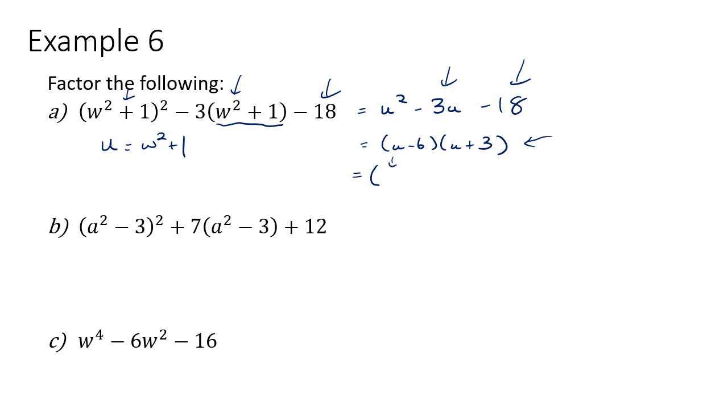So this becomes w squared plus 1 minus 6, and the other factor becomes w squared plus 1 plus 3. Last but not least, you can now combine the like terms. The first parentheses becomes w squared minus 5, and the second one becomes w squared plus 4.